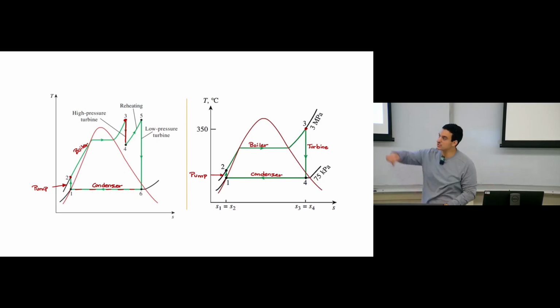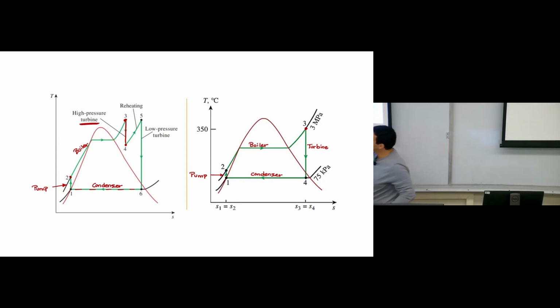But the expansion is not going to the lowest pressure we have. We have expansion only up to this point. We don't complete to the condenser pressure. We stop at a certain point, point number 4, and then what is happening to the line? The temperature starts to increase again.